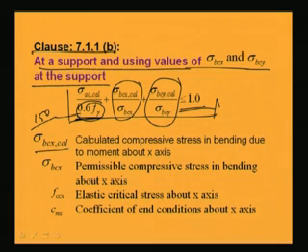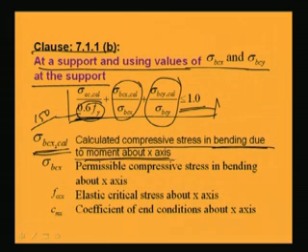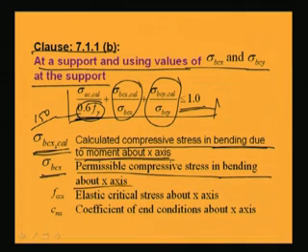where sigma BCX calculated is the calculated compressive stress in bending due to moment about x axis. Similarly, sigma BCY calculated will be the calculated compressive stress in bending due to moment about y axis. Sigma BCX is the permissible compressive stress in bending about x axis.